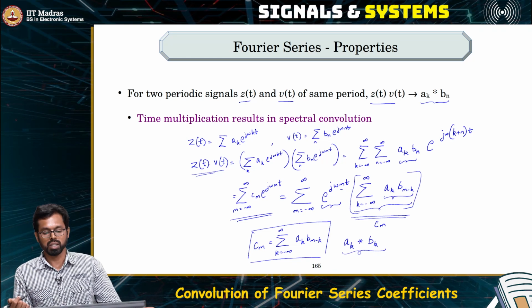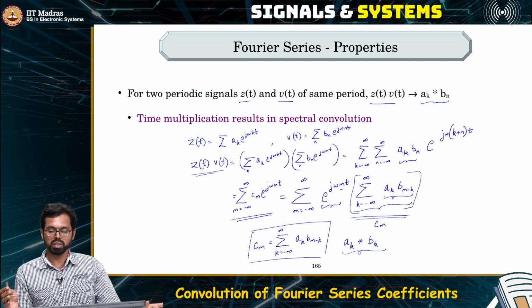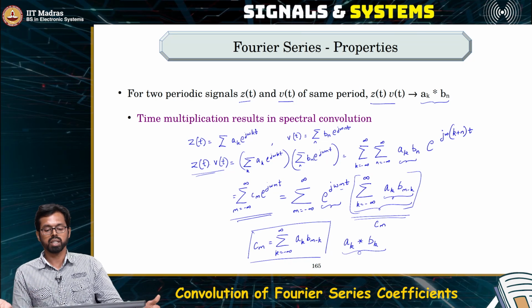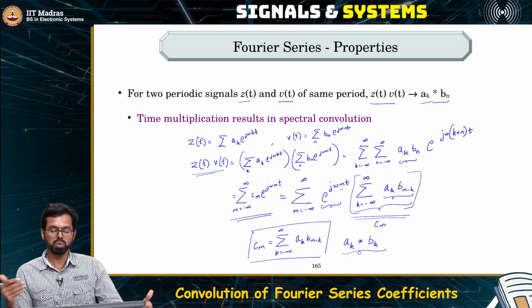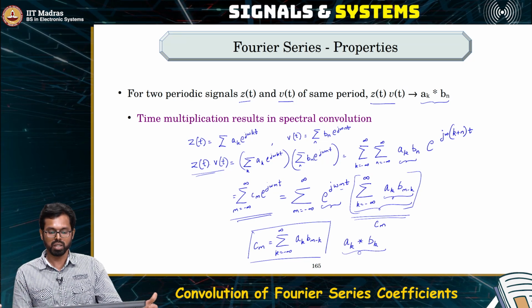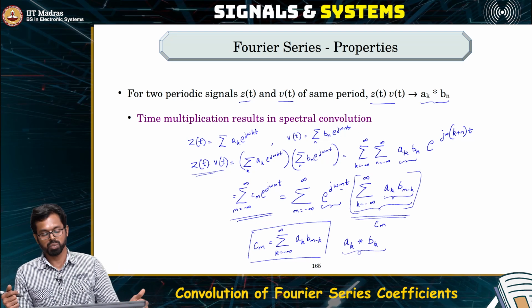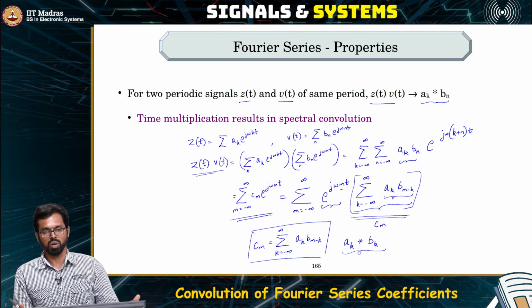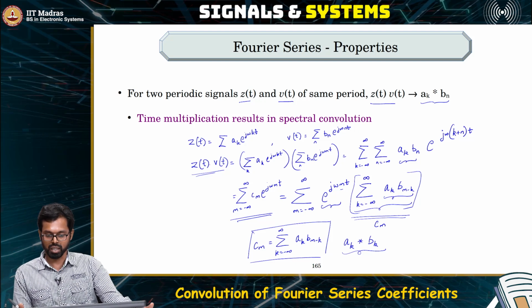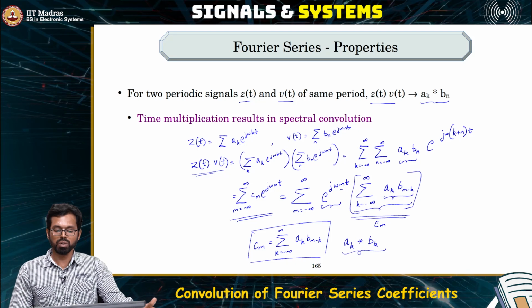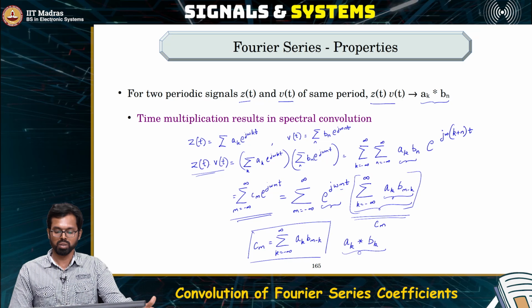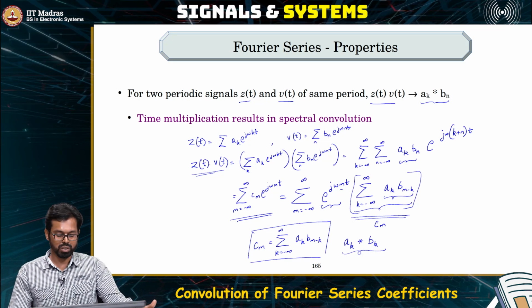When you multiply two signals, even though their bandwidths could be smaller, after multiplication they can increase. They can go up to the sum of their individual bandwidths. So this is what we understand by this analysis, where we saw that multiplication in the time domain of two different signals ends up being convolution in the spectral domain, or what we refer to as spectral convolution of their Fourier series coefficients.